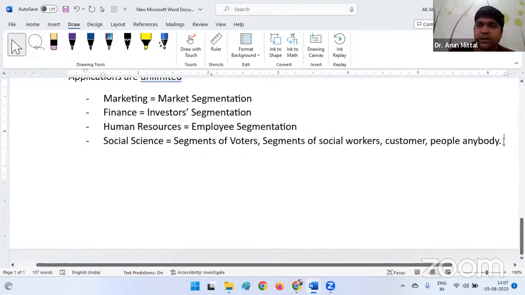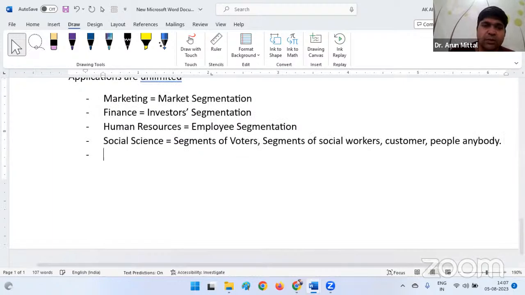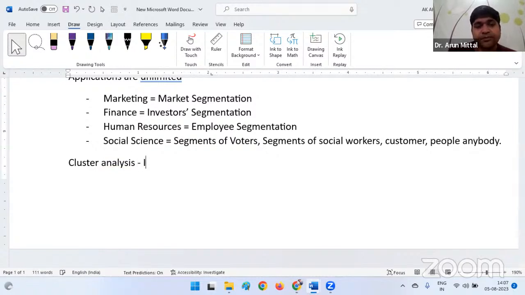And the good thing is that cluster analysis can be applied on any type of data. It is applied on ratio data and interval data, with any number of variables. Interval scale and ratio scale.